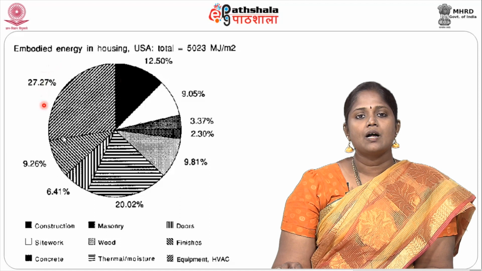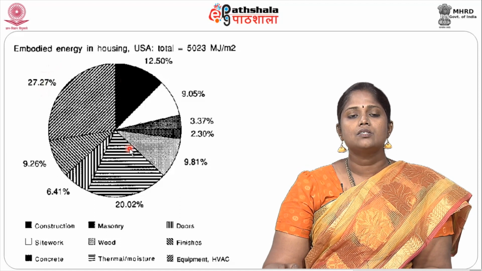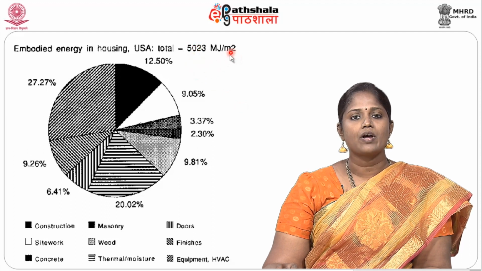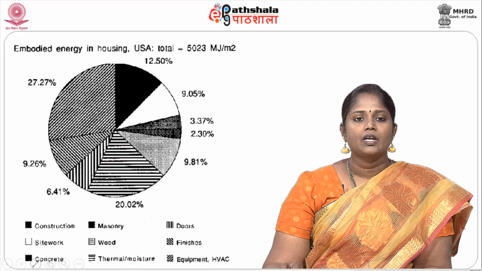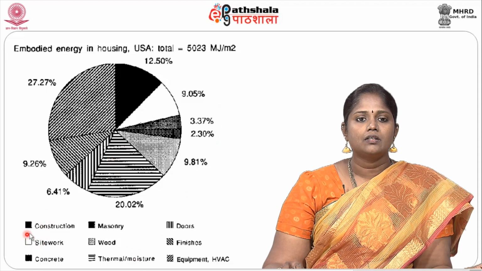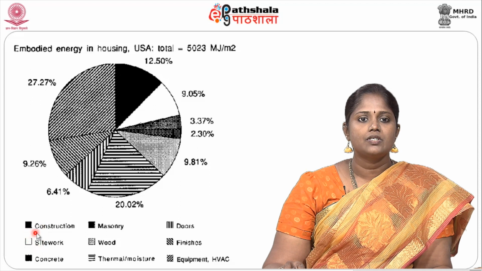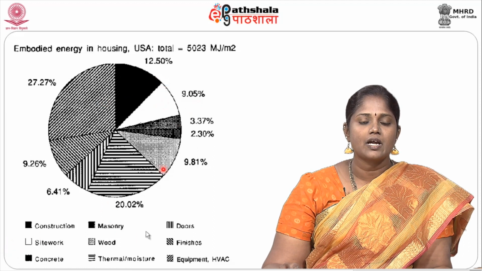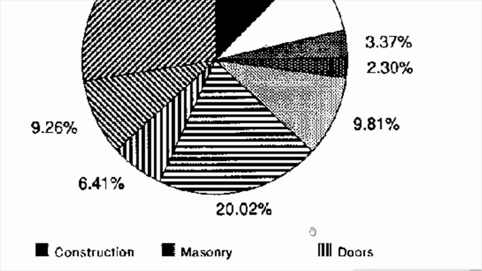Now, we look at the examples of energy usage in the USA. 5023 megajoules is used per square meter. Among this pie chart, if you look at the construction represented here, and site work represented here, site work is 9 percent and doors are represented at 20%.